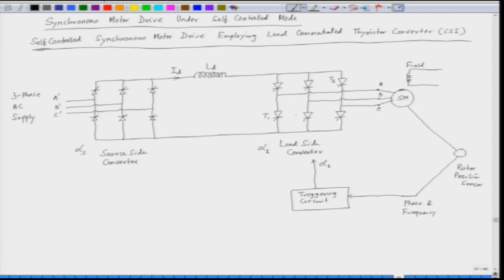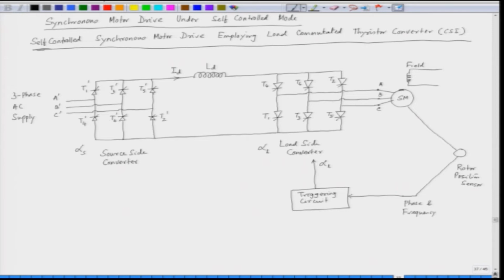Now, this load side converter can be named as T1, T2, T3, T4, T5 and T6. Similarly, the source side converter has 6 SCRs, named T1 prime, T2 prime, T3 prime, T4 prime, T5 prime and T6 prime.